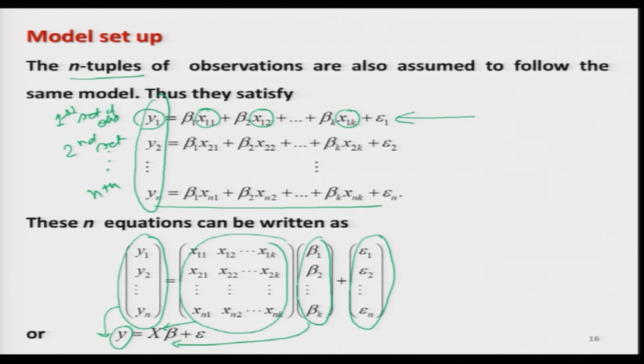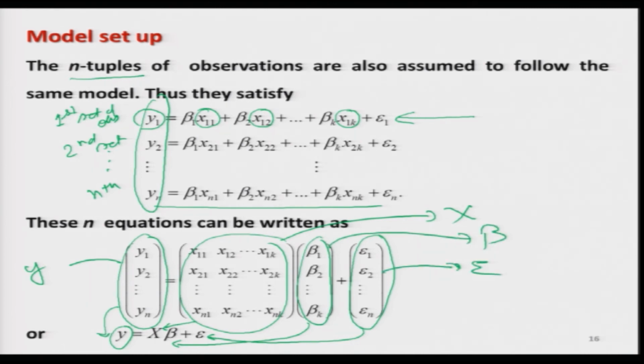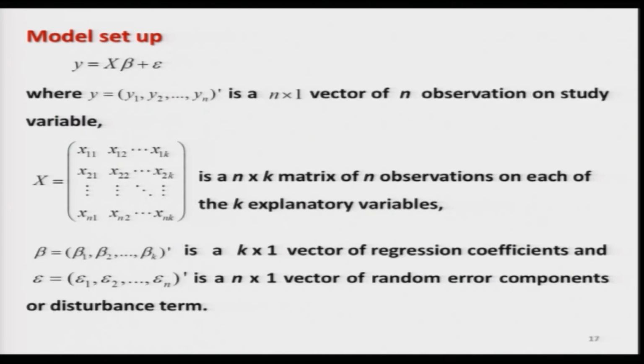And whatever are your random errors, this vector is indicated by epsilon. So, this is y, this is X, this is beta, and this vector is epsilon. So, I can write down this model as y equal to X beta plus epsilon, and you will see that this form y equal to X beta plus epsilon is the standard form in which we write the multiple linear regression model.